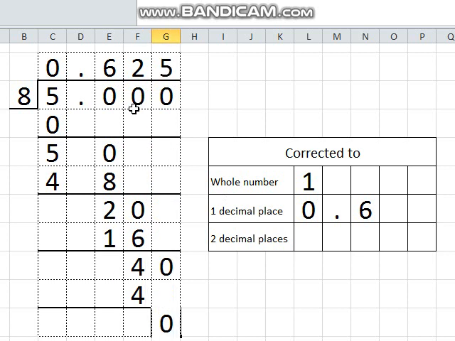When you minus, you have 0, then you cannot move forward again now. So this is 0.625, and when you want to correct to 2 decimal places, then this one becomes 0.63. Okay, because this one the 5, then you round it up.